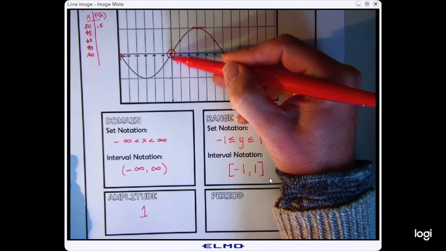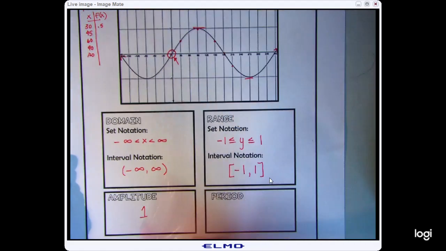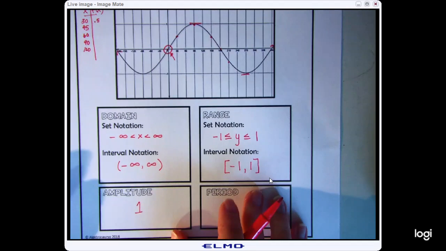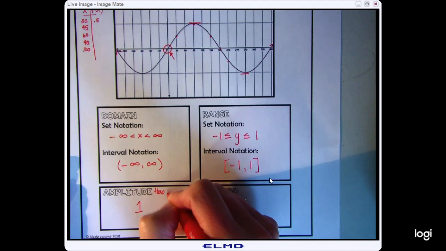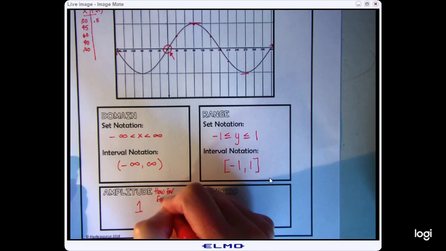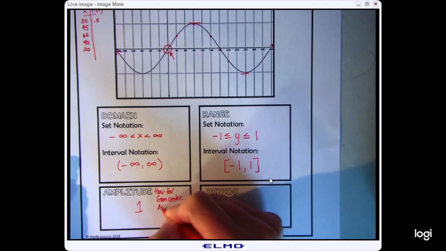Even if I went the other direction, and we're talking about distance from center, so it's going to be a positive value. The amplitude is 1. So how far from center? And it's always positive.